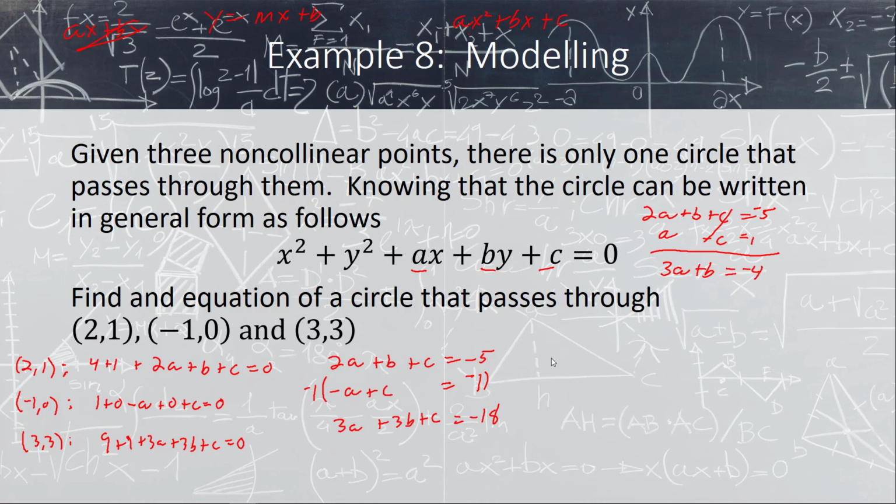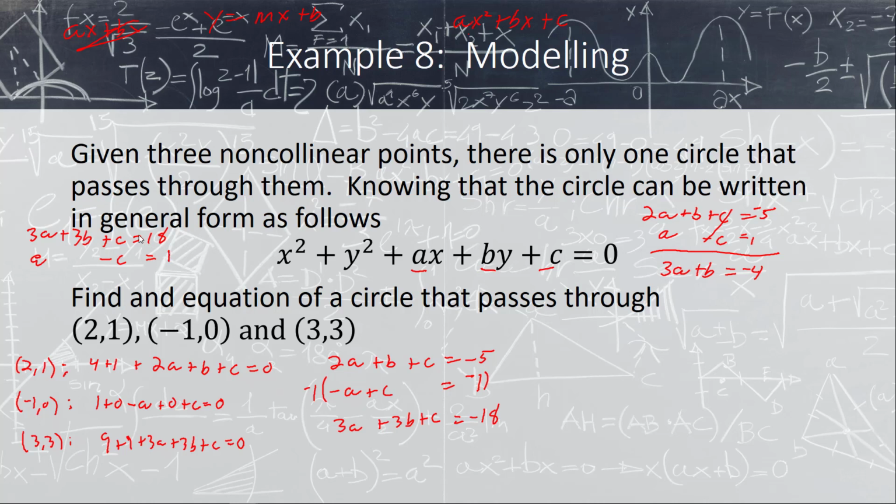Okay, now for the next one, I'm going to want to do these 2 right here. I will do it the exact same way. I will have that 3a plus 3b plus c is equal to -18, and then multiplying the middle equation by -1, I will have a minus c is equal to 1.